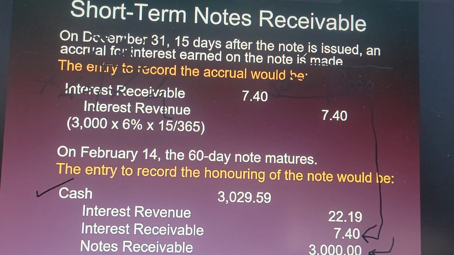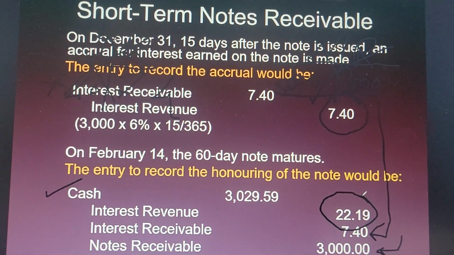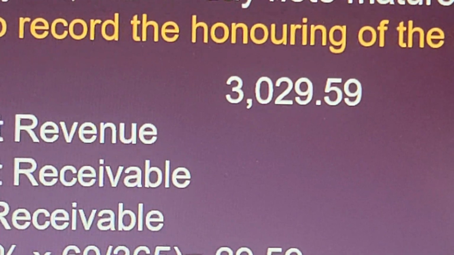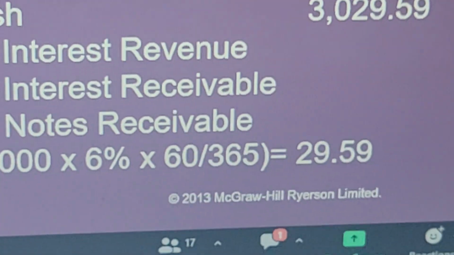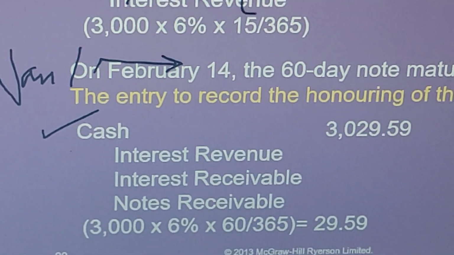So notes receivable, closed. Interest receivable, closed. And here I made this much interest, and now I'm making how much interest? This much. For what? For the days between January 1st and February 14th.